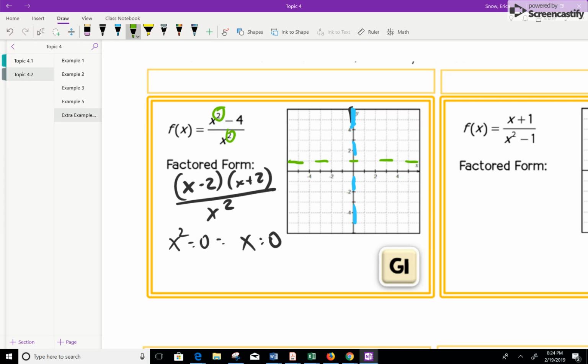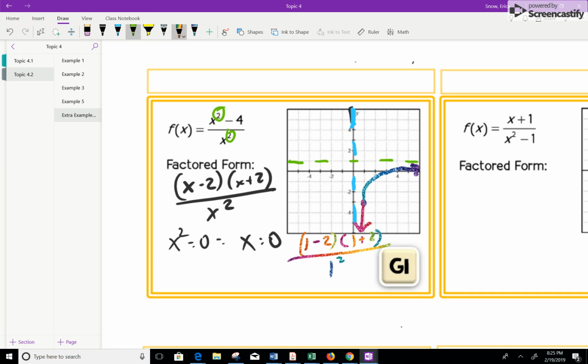Now, if I plug in positive 1, for example, to get my part to where my graph is, I'm going to have 1 minus 2 times 1 plus 2 over 1 squared. So when I get that, I get negative 1 times 3 is negative 3, over 1 is negative 3. So here we would put 1, negative 3 on our graph. So that tells me that our graph is going to look like this.